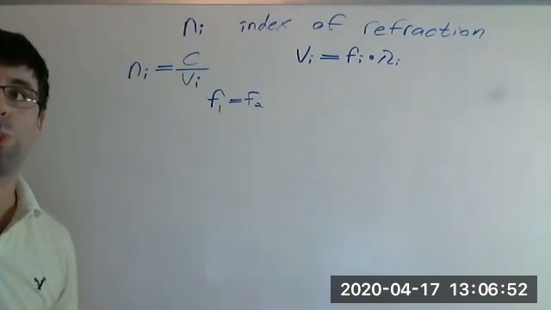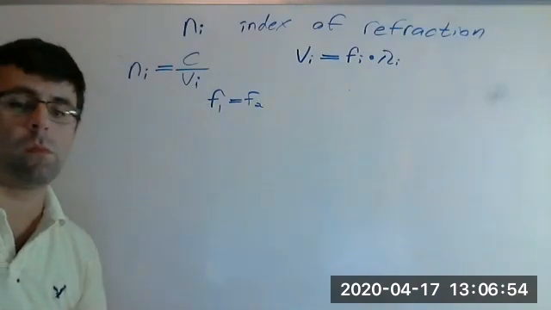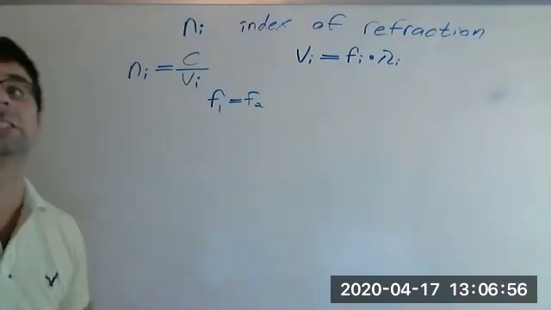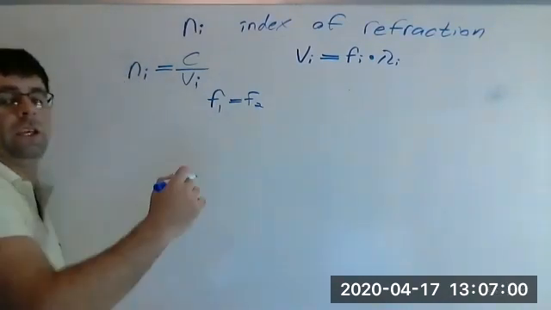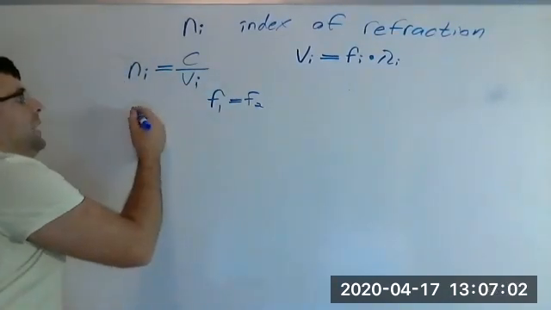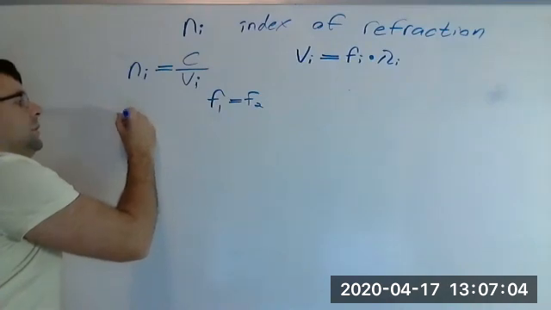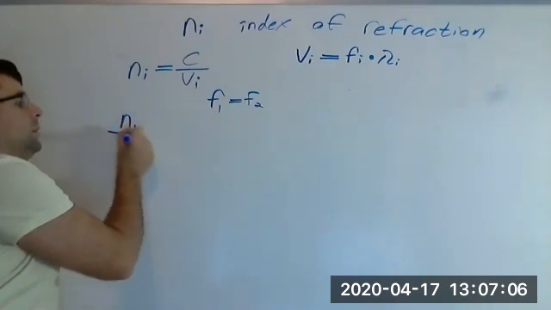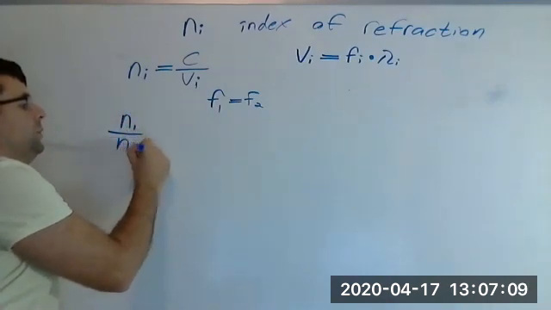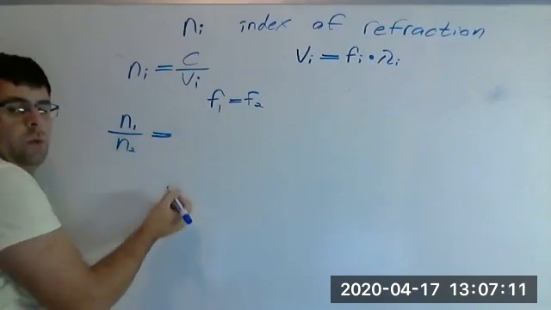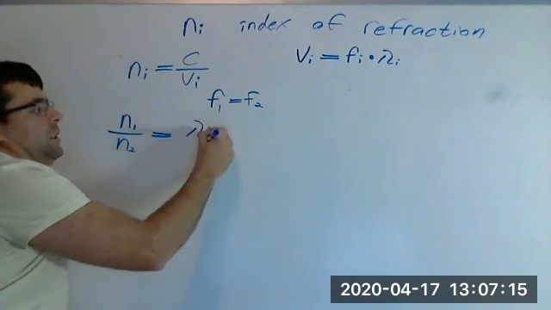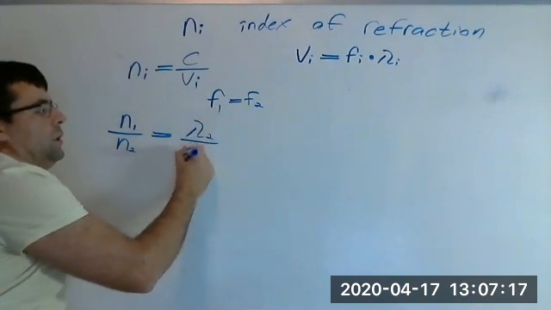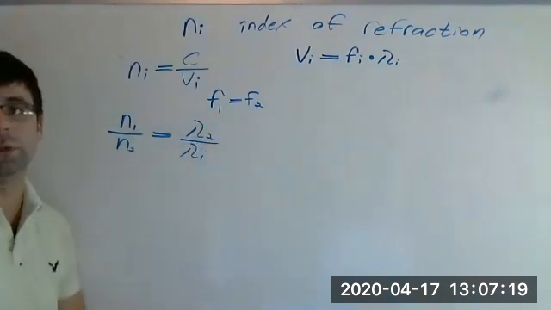So what we find is that the ratio of the indexes of refraction, N1 over N2, equals lambda 2 over lambda 1.